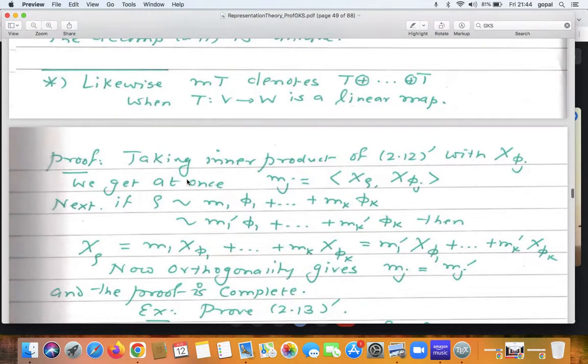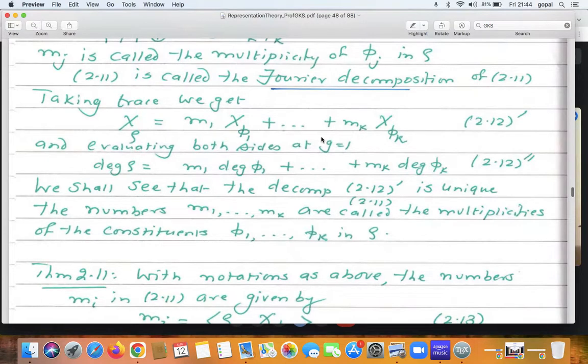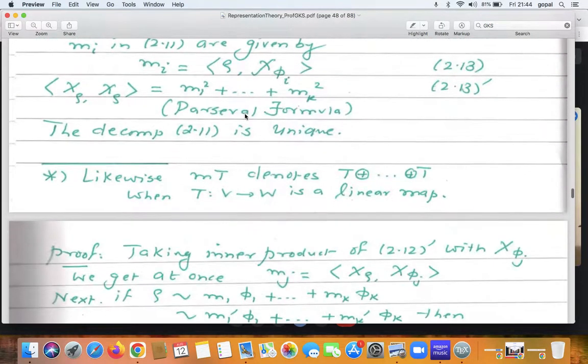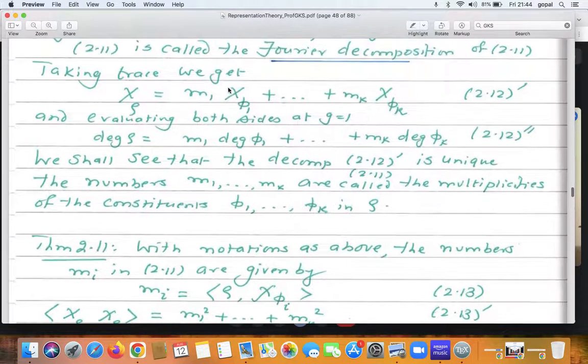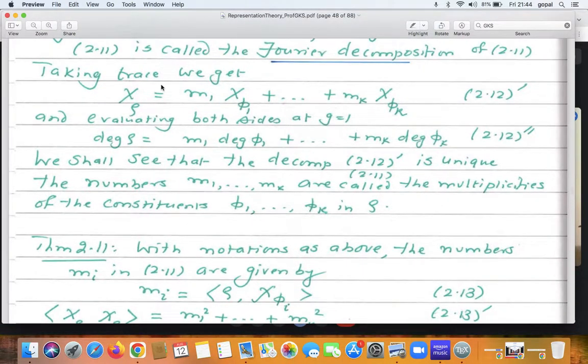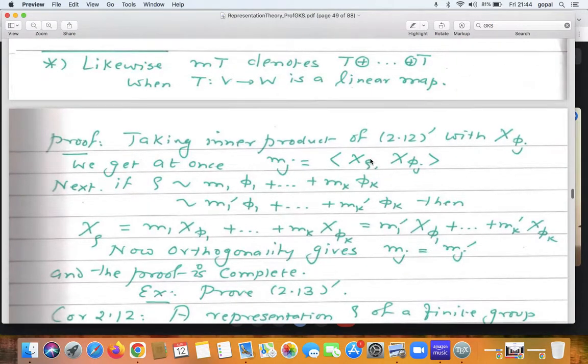Okay, so take the inner product of 2.12 prime, with chi of phi j. We get at once 2.13. We have an orthogonality of characters. It's like a Fourier expansion, and you're extracting the coefficients, so that follows at once.